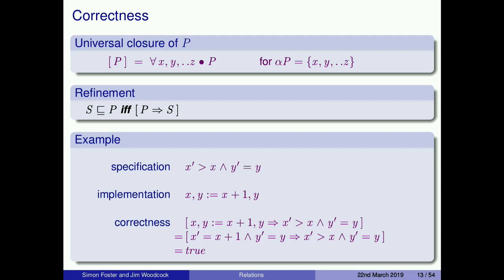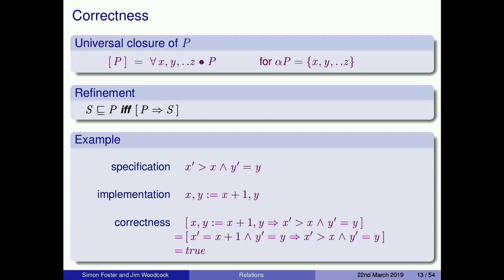And then a possible implementation of that, like the one I had over here, but where we've got the two variables, is a simultaneous assignment, where x and y are assigned to x plus 1 and y respectively. So actually, we could just omit the y and just write x equals x plus 1 as we did over there. We just got it explicitly written there.